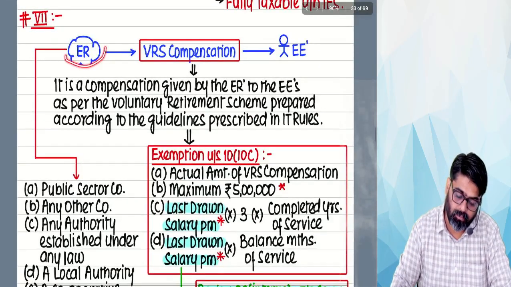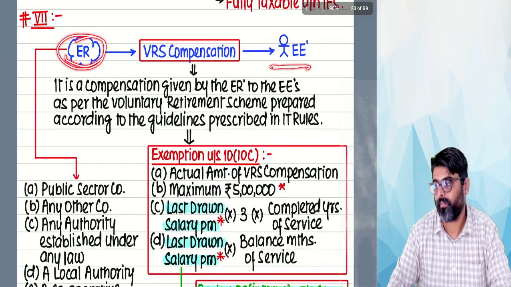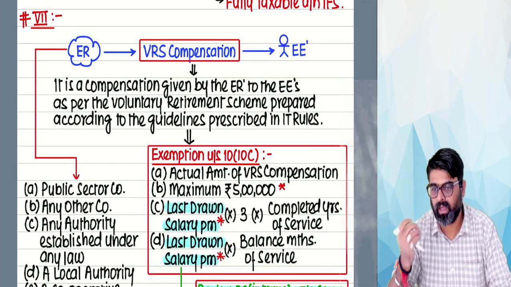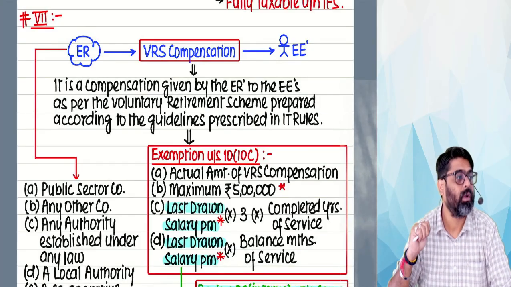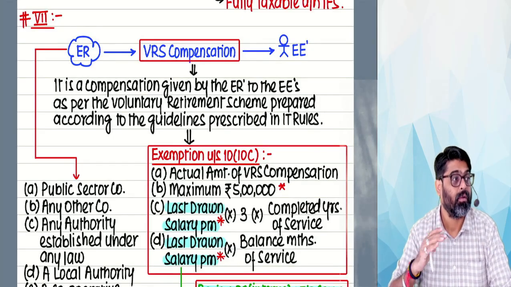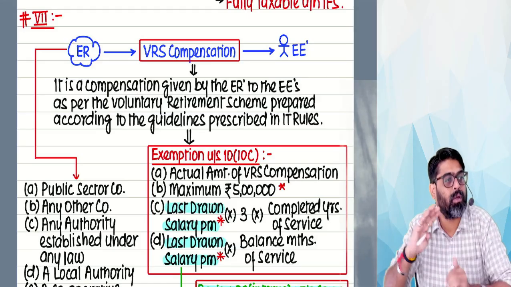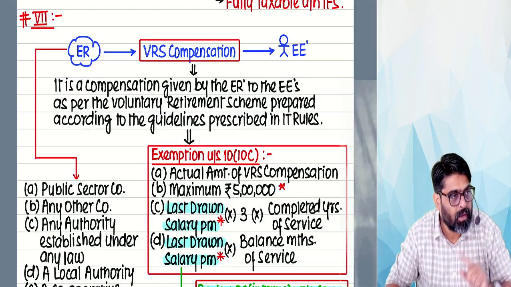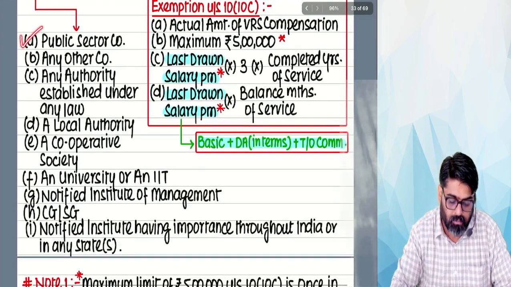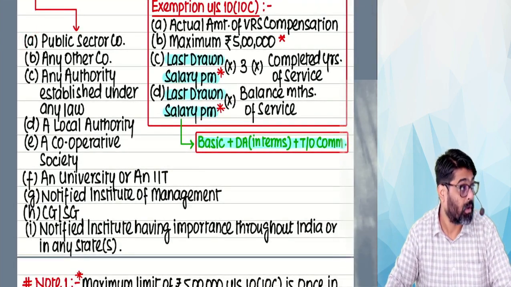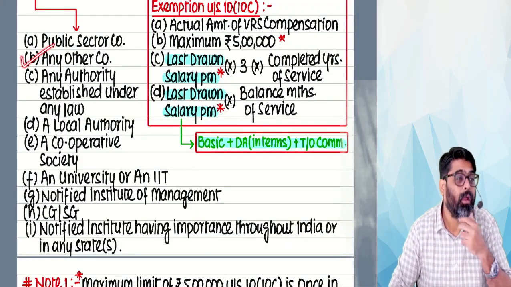Who should be your employer? You are getting VRS compensation which you want to claim as exempt. From which type of employer should the VRS compensation come? Your employer can be a public sector company, or any other company.